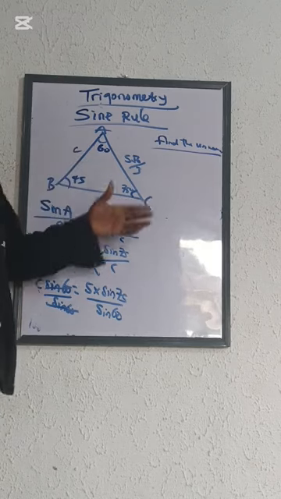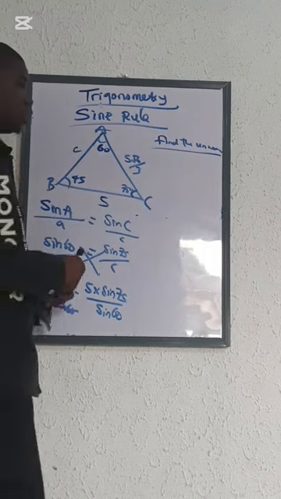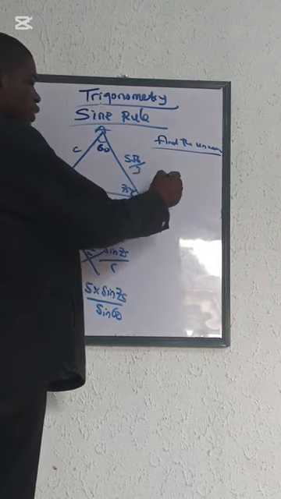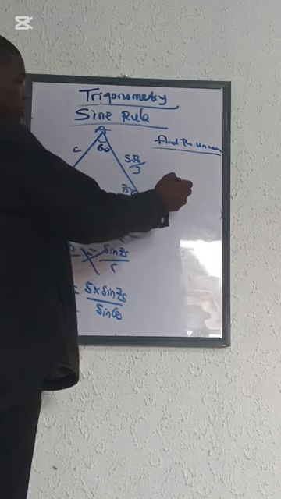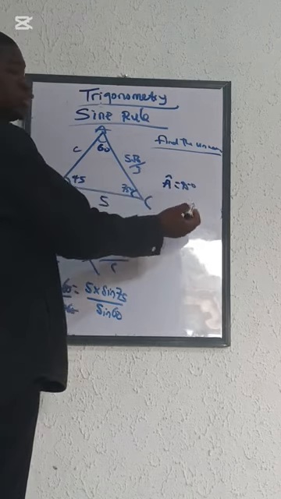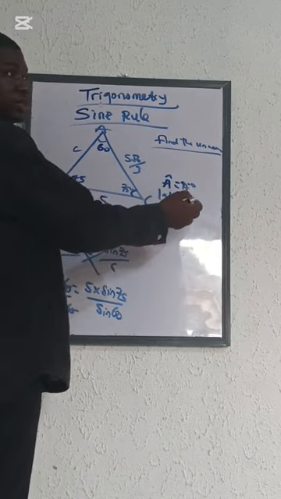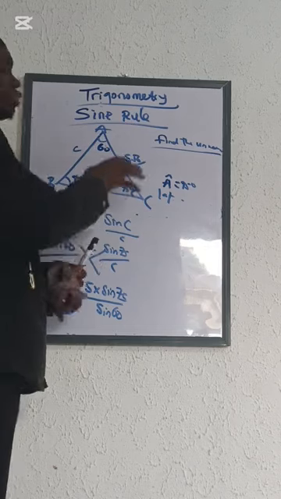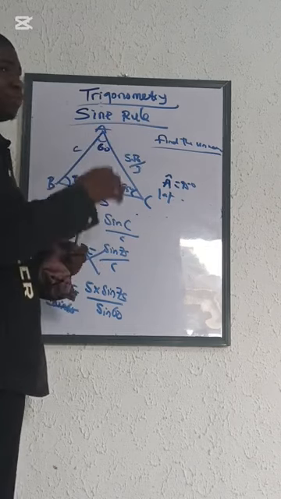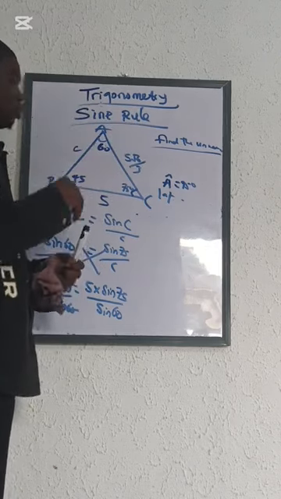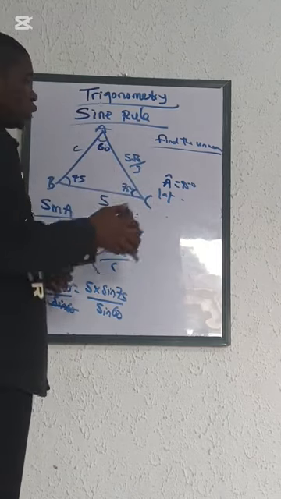And sometimes they don't give it in the drawing. Sometimes they just write it. You just write A, this means angle A. You can just write A equals 75 degrees. You get it. Most times they don't give it in a drawing. They can give it in writing, which you have to interpret on the drawing.